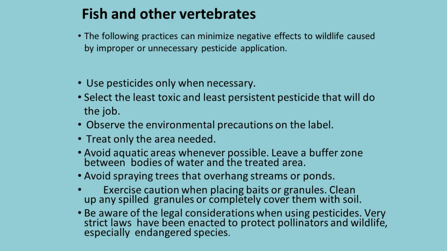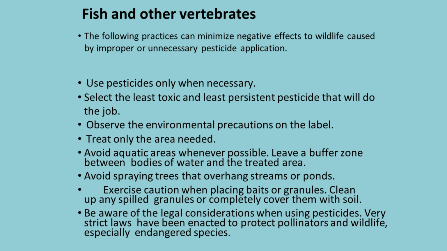Fish and other vertebrates. The following practices can minimize negative effects to wildlife caused by improper or unnecessary pesticide application. Use pesticides only when necessary. Select the least toxic and least persistent pesticide that will do the job. Observe the environmental precautions on the label. Treat only the area needed. Avoid aquatic areas whenever possible.